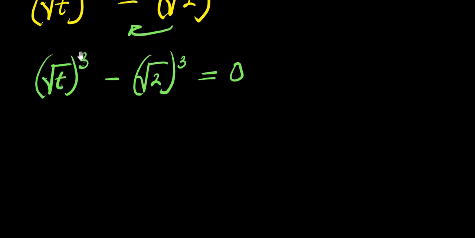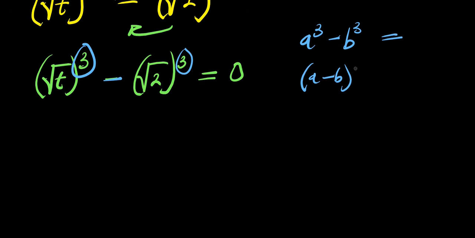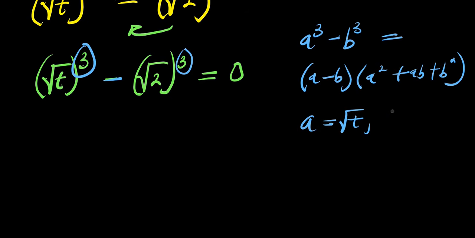So right now, there's power 3 here, there's power 3 here, there's a minus here. Let's consider this identity: a^3 minus b^3 equals (a minus b) times (a^2 plus ab plus b^2). And our a equals square root of t, and b equals square root of 2.